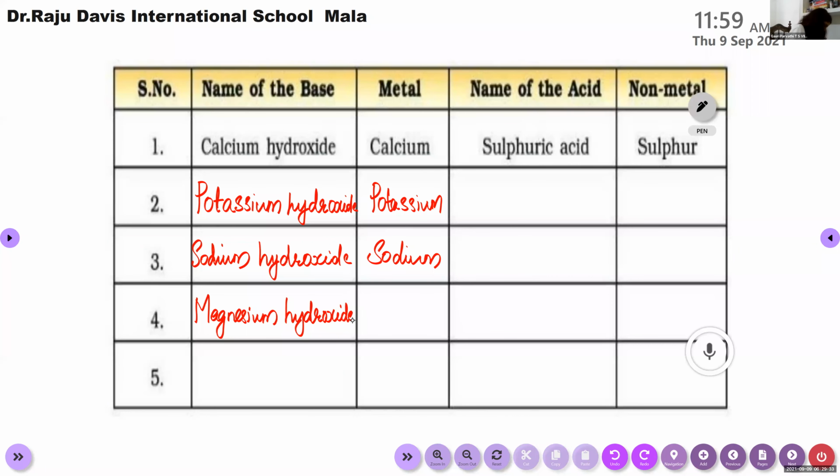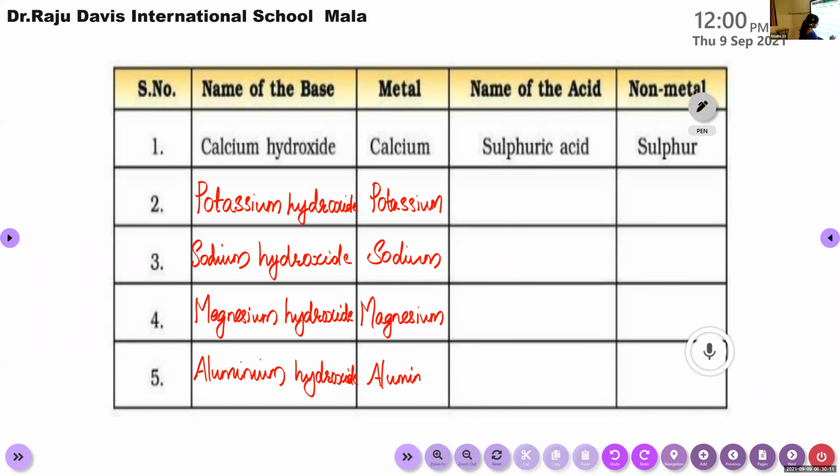Okay. So, Bauja, can you tell me from this magnesium hydroxide, which metal? Magnesium. Very good. Then Parvati. Next one. Aluminium hydroxide. Which metal is present? Aluminium. Yeah, that's aluminium.